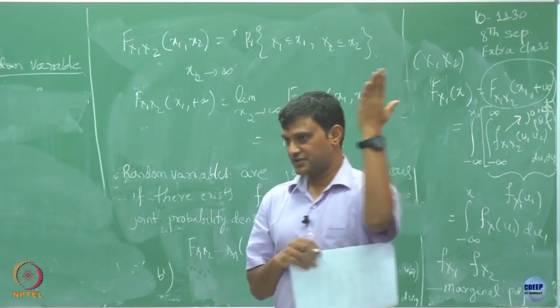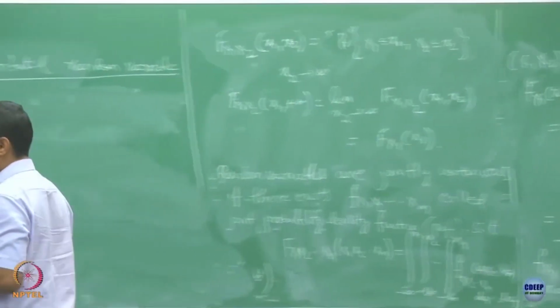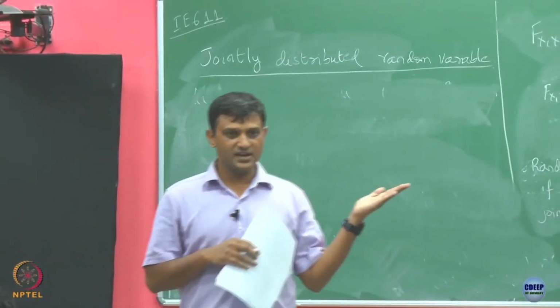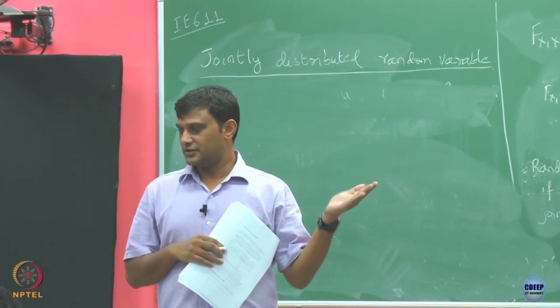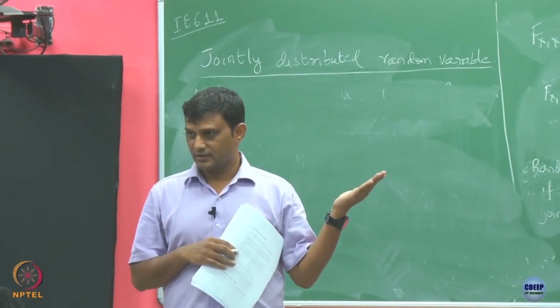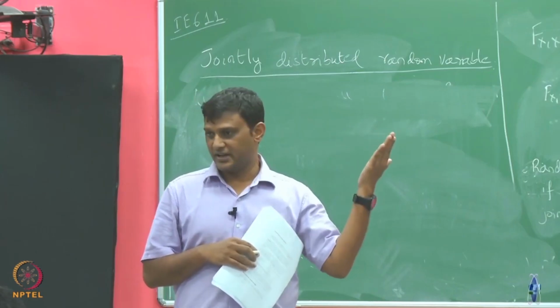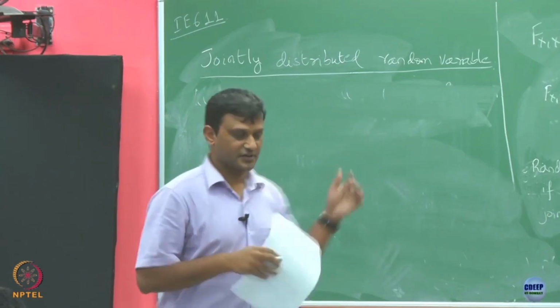So probability mass function is enough. In this case also, if some random variables are jointly discrete, then I should have a similar probability mass function definition here.